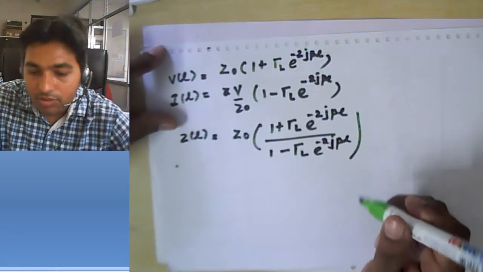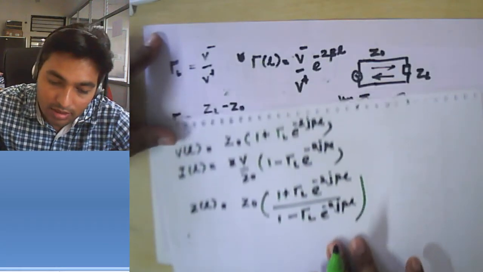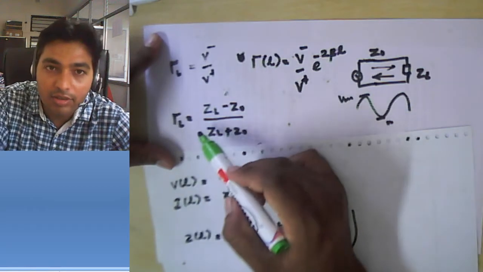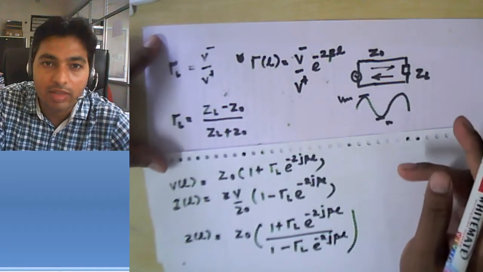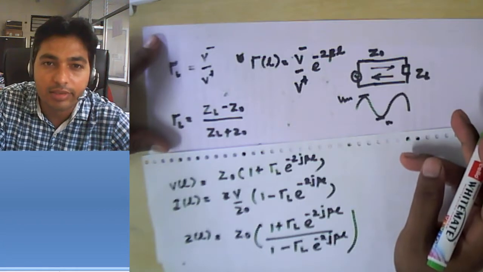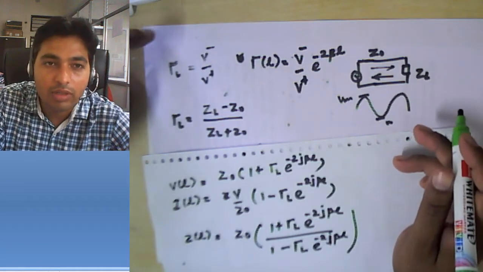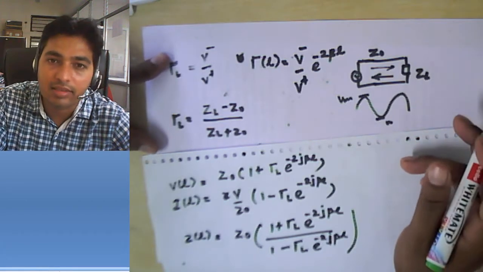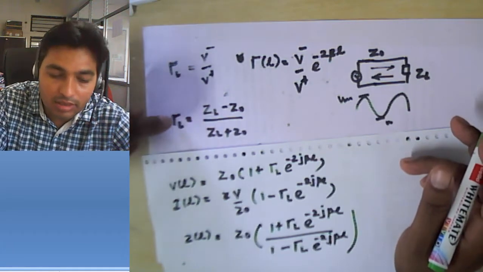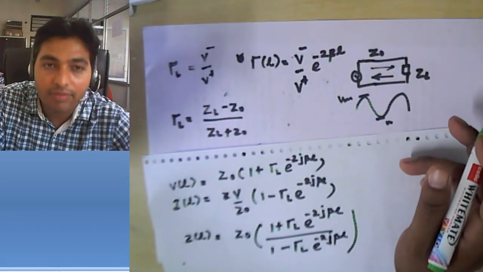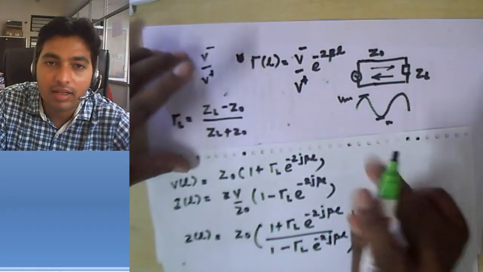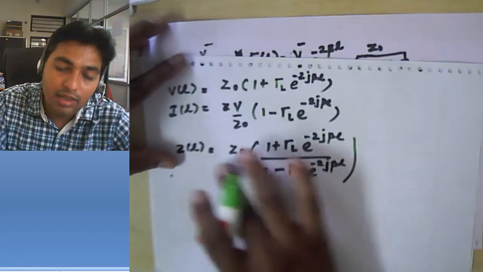Now we'll substitute. We know the reflection coefficient is equal to ZL minus Z0 divided by ZL plus Z0, where ZL is our load impedance and Z0 is our characteristic impedance. So we'll substitute this value of reflection coefficient in our equation of impedance.